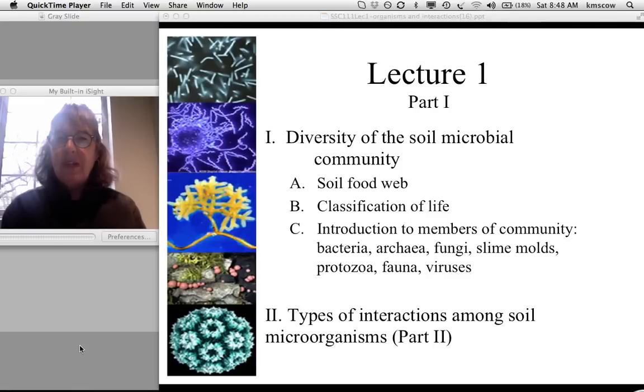First, give a big picture of the food web, and then go in and get an introduction and a general overview of some of the major groups of organisms in the soil. The second part of this lecture will be looking at the different types of interactions among members of the soil food web.